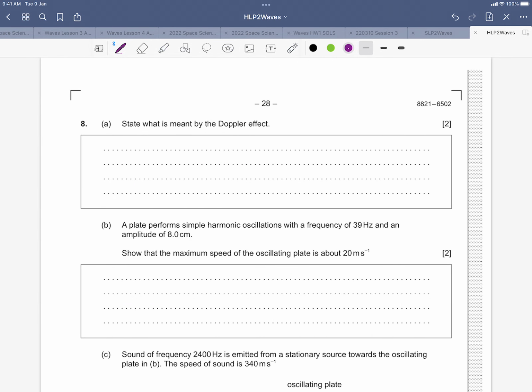Okay, then we have a Doppler effect question, topic 9.5. State what is meant. Okay, so it's one of those things you have to maybe practice parroting off the definition of the Doppler effect.